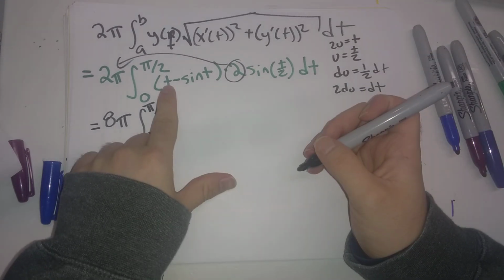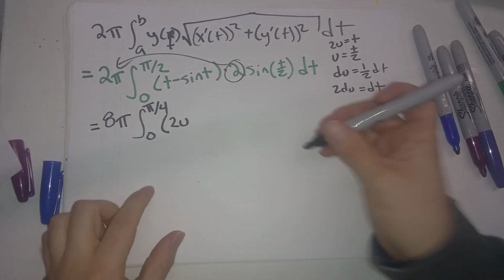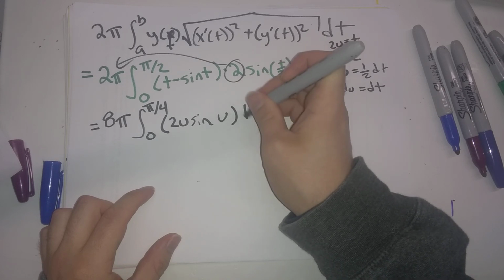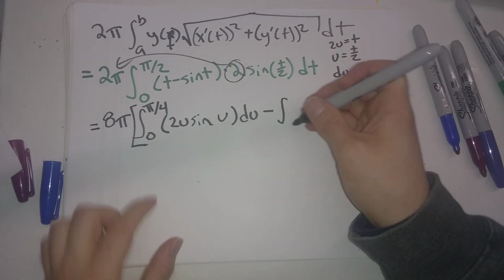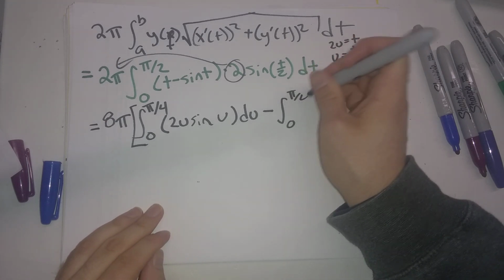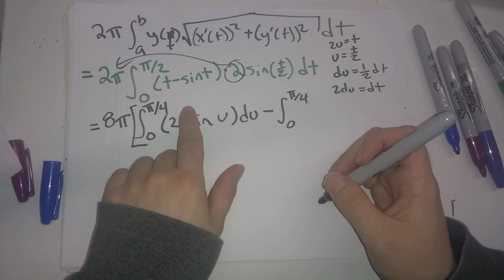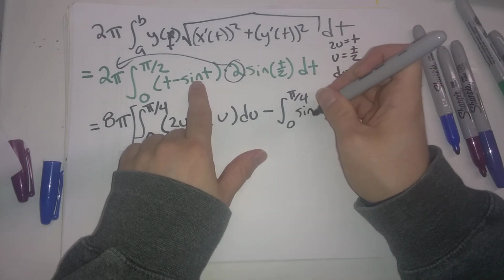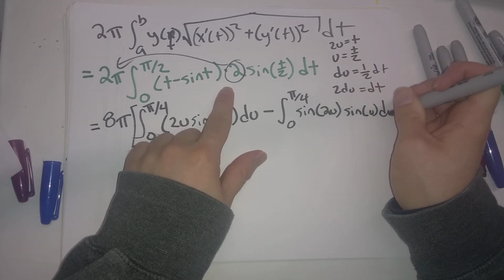So we're going to have one integral that is 2u times sine of u du, minus the integral from 0 to pi over 4 of sine of 2u times sine of u du.